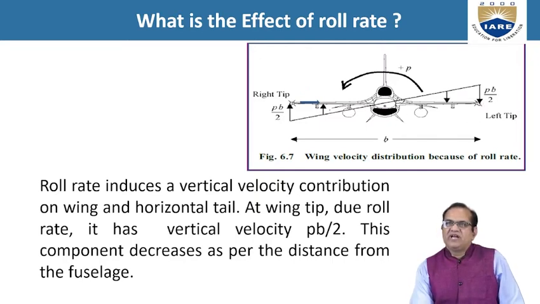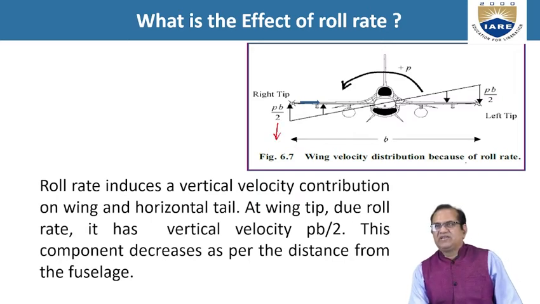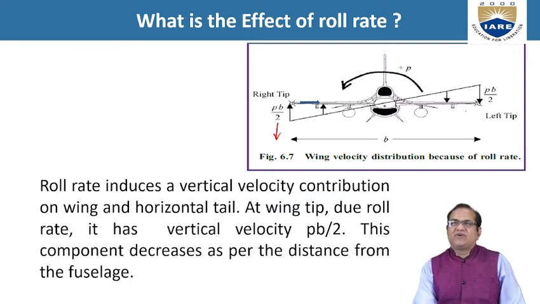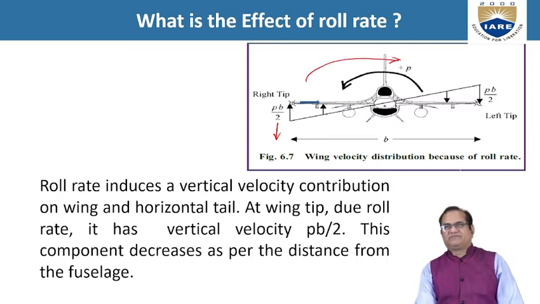So if the right wing is going down, what will happen? This is the span B. If it is going down like this, you have given a plus P. Then this PB by 2 and this PB by 2, a net PB by 2 will act, and you can see that it will try to rotate this aircraft opposite to this.